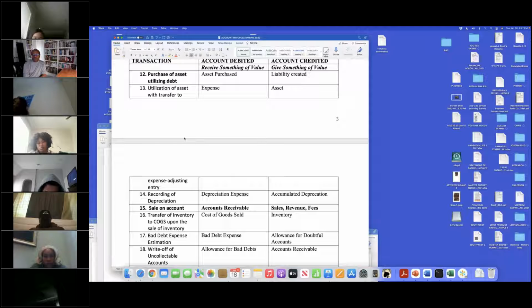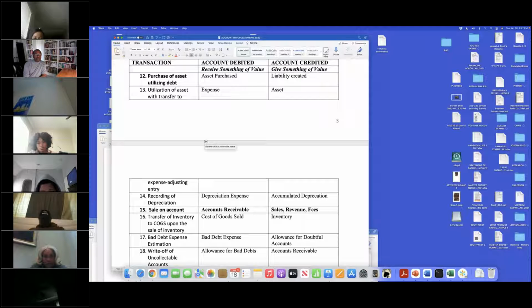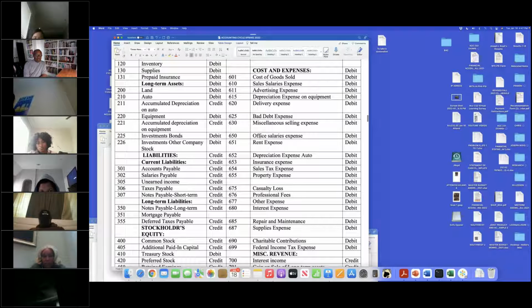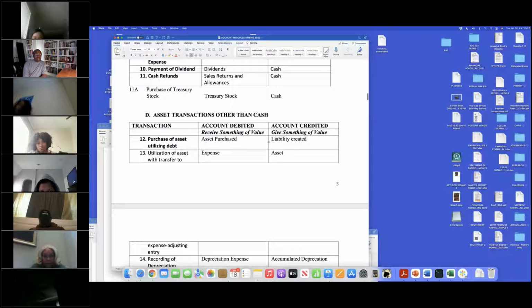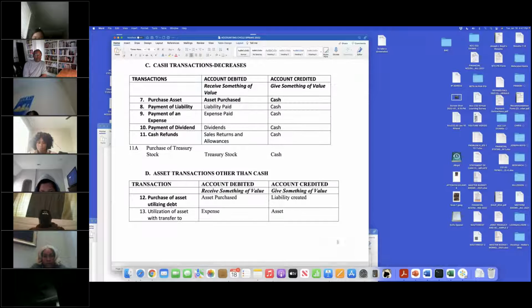Can you repeat what 9 said? Purchase supplies on account, $8,000. You purchase supplies on account. That's going to be a 12. Purchase of an asset utilizing debt. So the asset purchased was supplies.